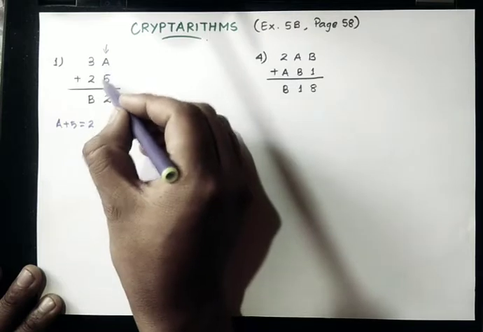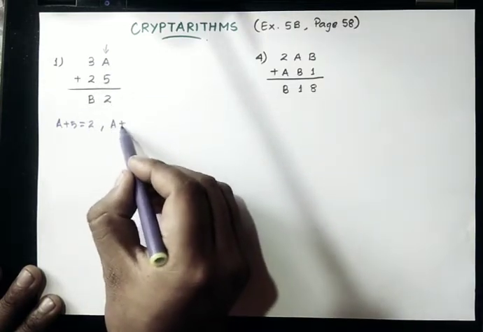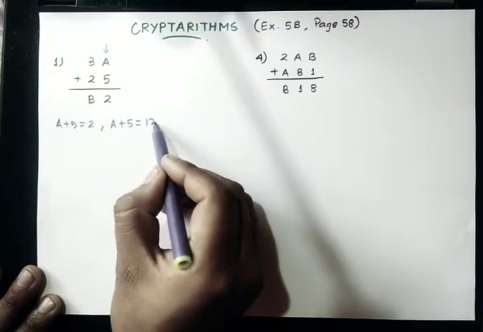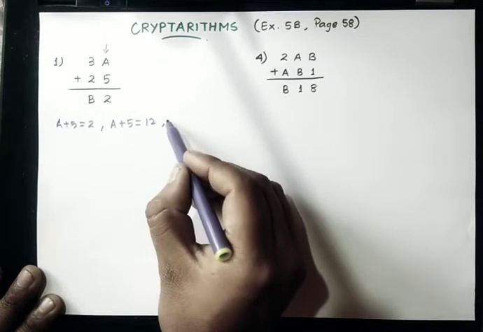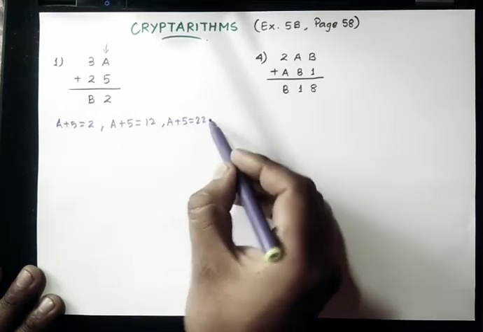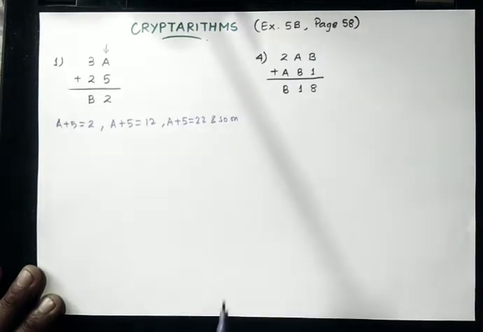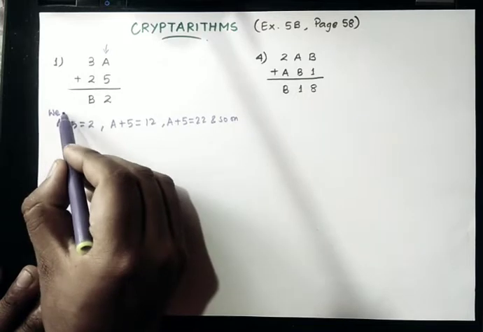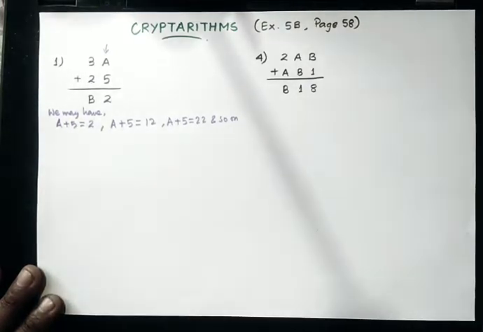Either a plus 5 will be 2, or a plus 5 will give me 12, so that I can write 2 and 1 is carried over, or else I can have a plus 5 equals 22 and so on. Is that clear? We may have these many choices.